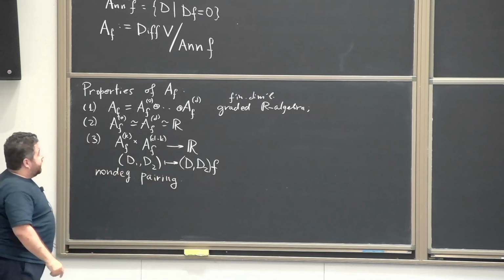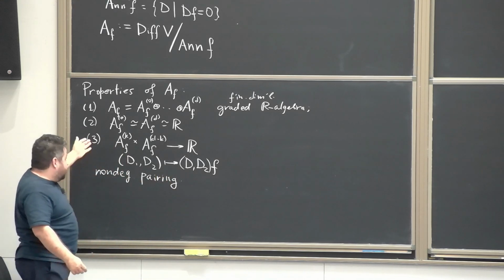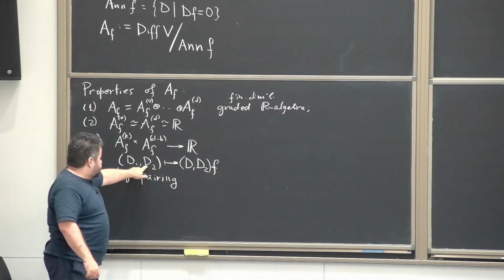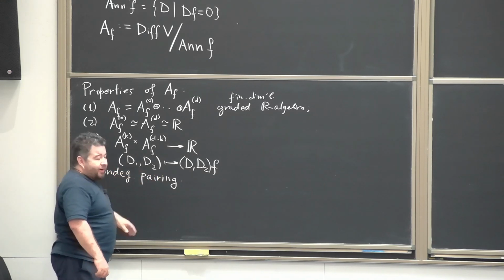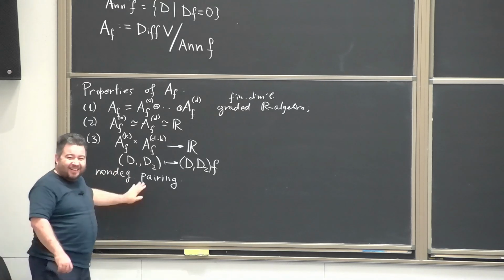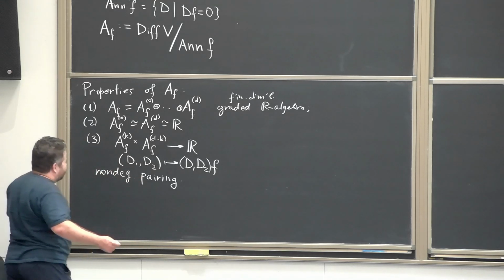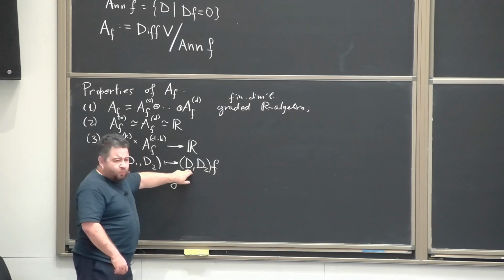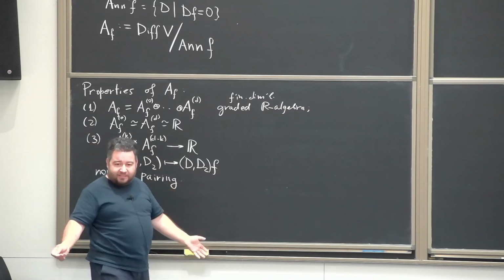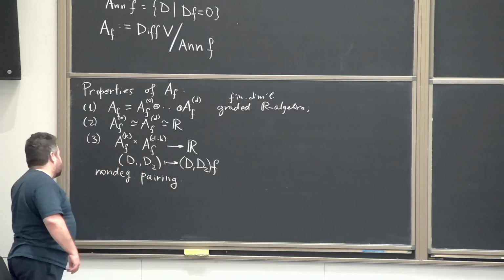Why is it non-degenerate? Let me leave it as an easy exercise: given D2, you need to find D1 such that the result is non-zero, and it's always possible.